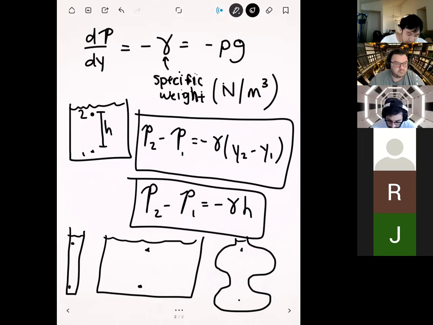In all these cases, the pressure difference between these two points is going to be the same, because remember what's important for these pressure differences is the height. So the shape of the container doesn't matter. It's a little non-intuitive at first, because you would think that a really skinny container would have a different pressure difference than something that's really wide. But they actually have the exact same pressure difference because their height difference is the same.